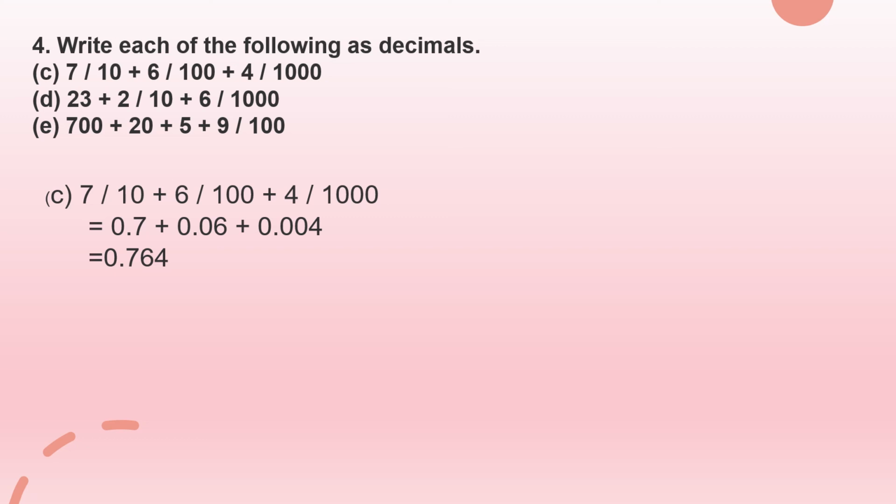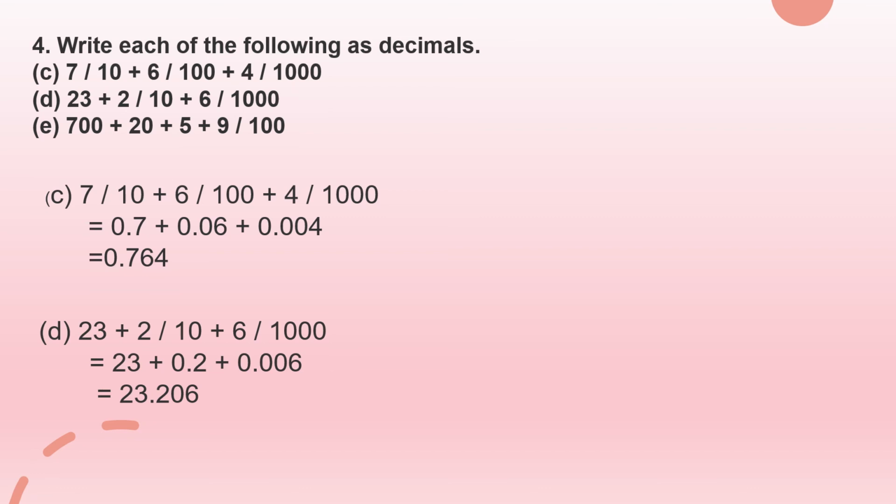That is 0.764. D: 23.2, hundredths place is missing. So 206. Here D, E: 700 plus 20 plus 5, that is 725, point, tenths place is missing, so 0.09.